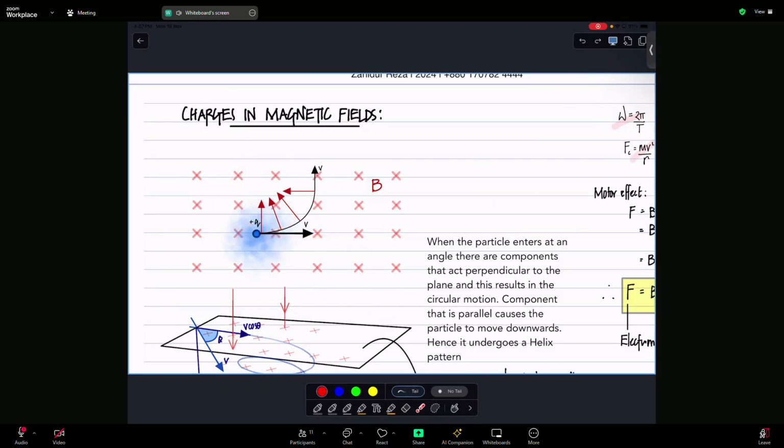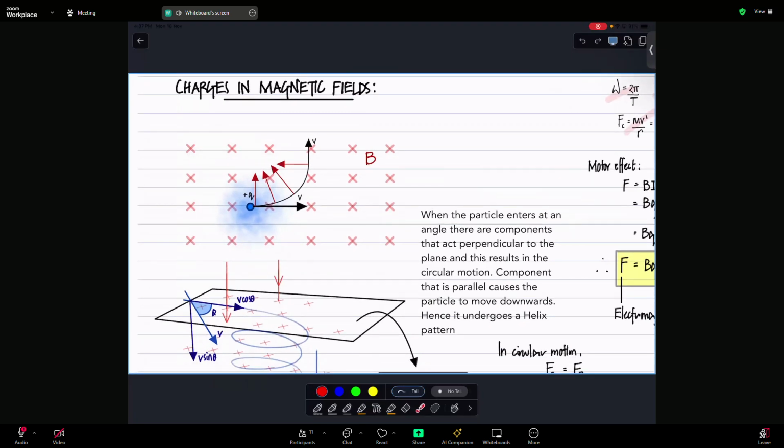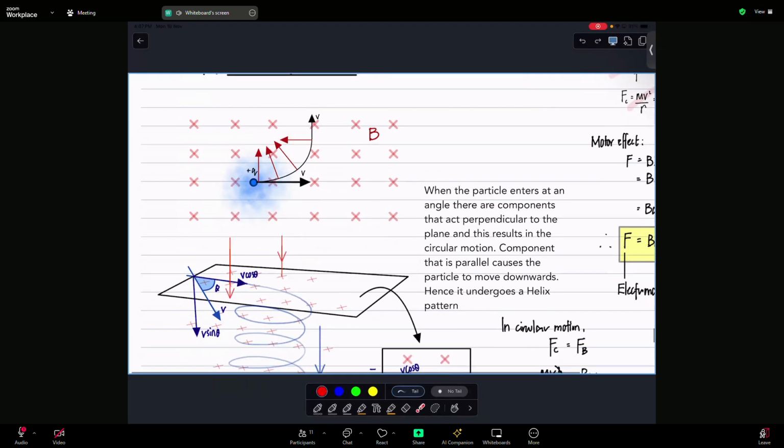But as the particle changes direction, the force also keeps changing direction and remains in what direction relative to the velocity all the time? Perpendicular. So the velocity and the force act perpendicular, and that is a requirement for what? Circular motion. As a result, your particle will start to go in a spiral. So whenever a charge is moving in a magnetic field, it experiences a force and goes in a spiral.